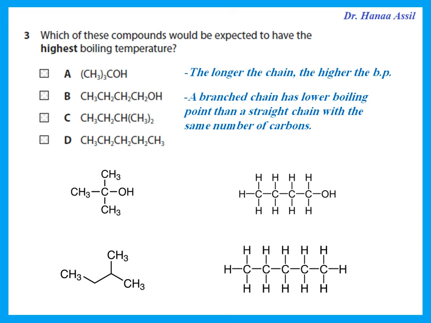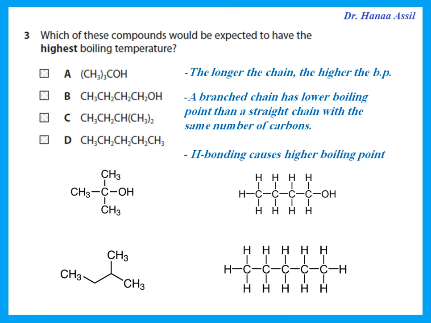So we can say a branched chain will have lower boiling point than a straight chain, and we need to look for hydrogen bonding. If any of these does hydrogen bonding, then it would have higher boiling point. That's something that cannot do hydrogen bonding. So if I'm looking at which of these should have higher boiling points, it is the one that has OH, because an alcohol can do hydrogen bonding, and hydrogen bonding is stronger intermolecular forces compared to the normal van der Waals or London dispersion forces.